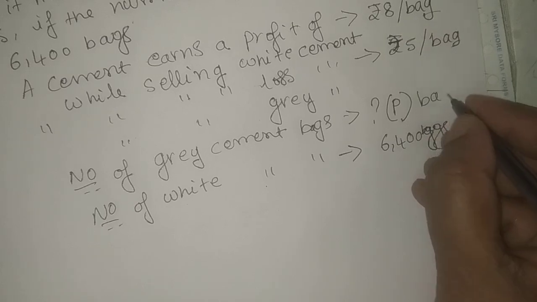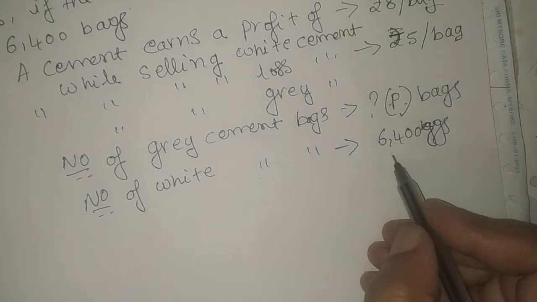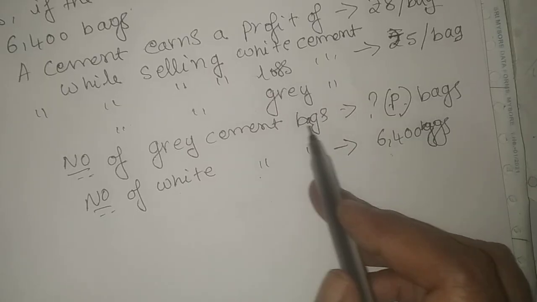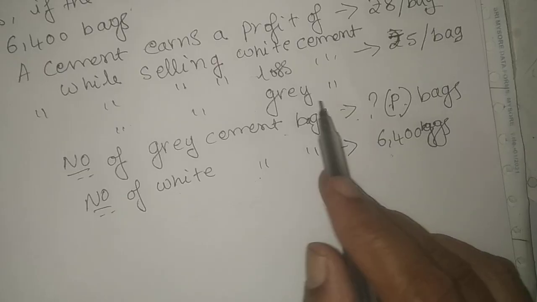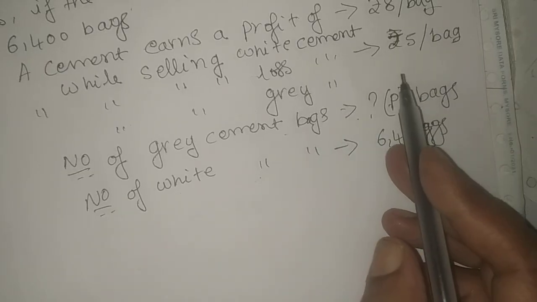Now this we don't know, that's why we consider it as P. So this is the number of bags. The question is, we have to find out the number of white bags, and the company should have neither profit nor loss.